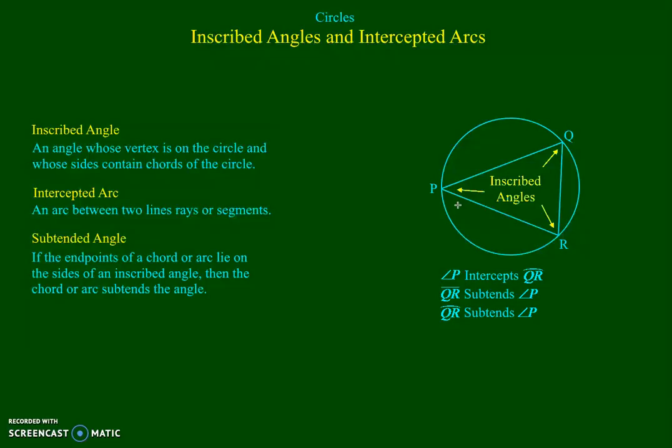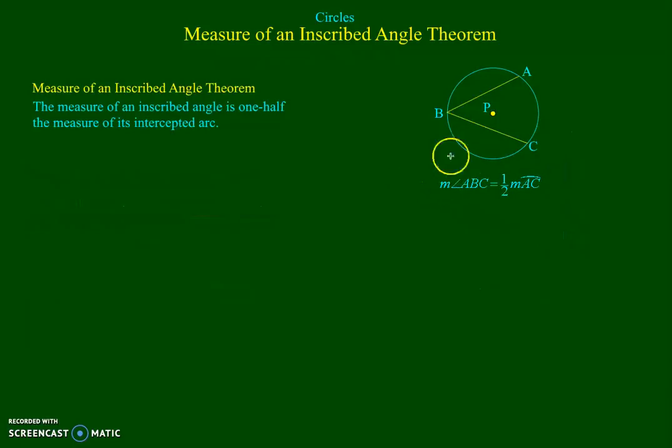So let's go on and talk about the measure of inscribed angles. To find the measure of an inscribed angle, all we need to know is the measure of its intercepted arc. The measure of an inscribed angle is 1/2 the measure of the intercepted arc.